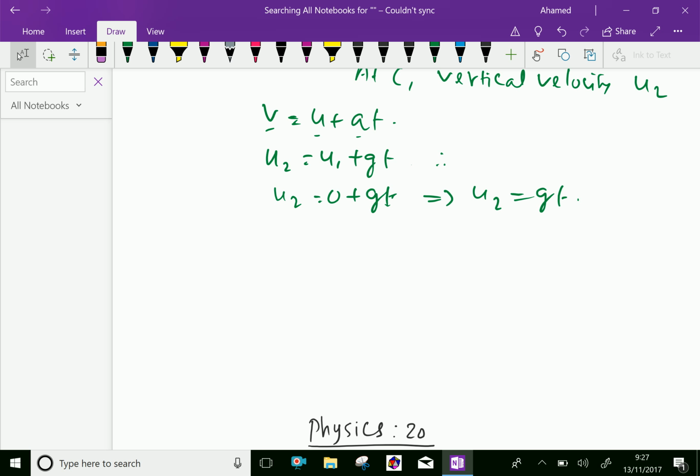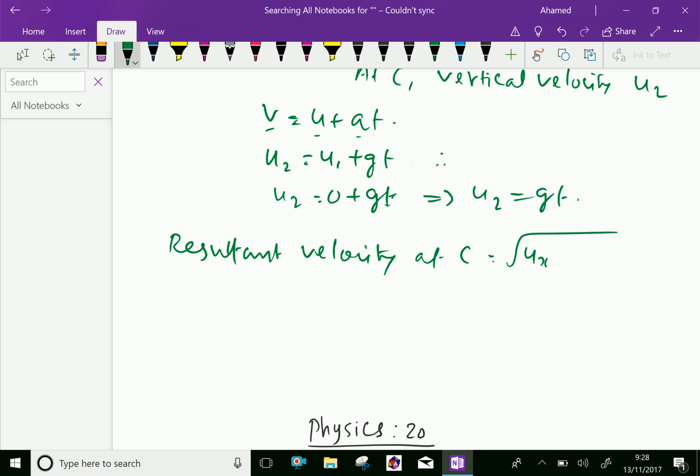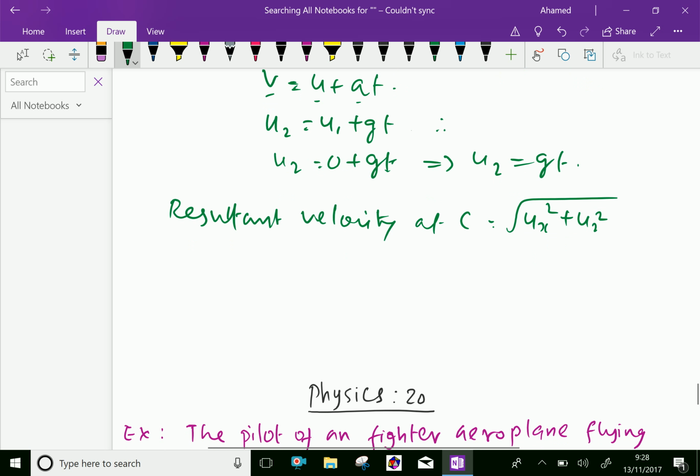Therefore the resultant velocity at C equals the square root of ux square plus u2 square, which equals the square root of u square plus g square t square.